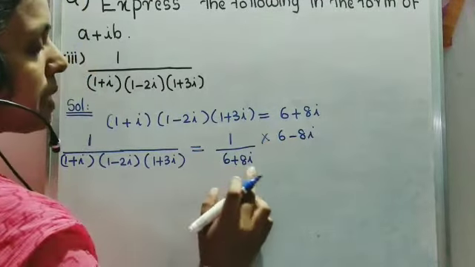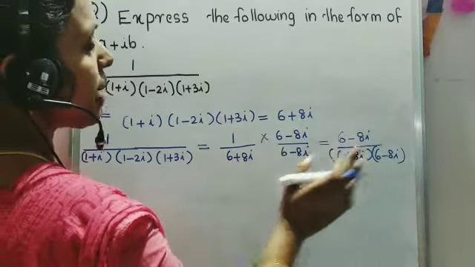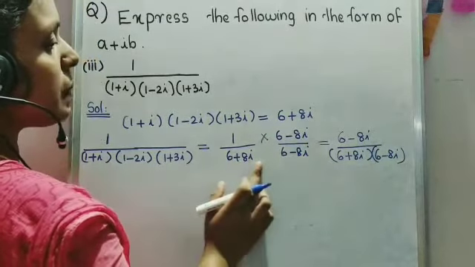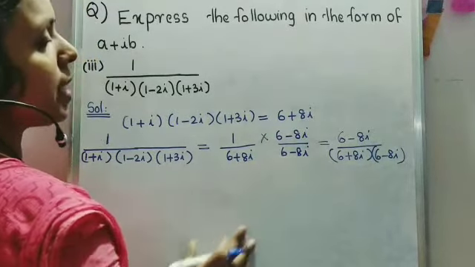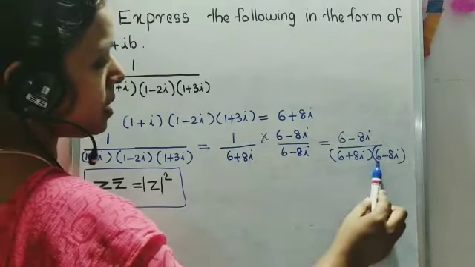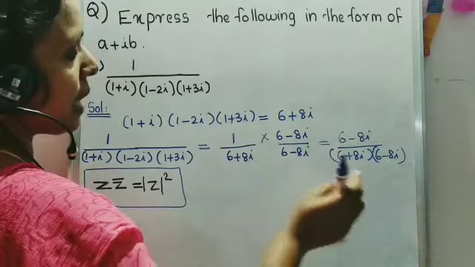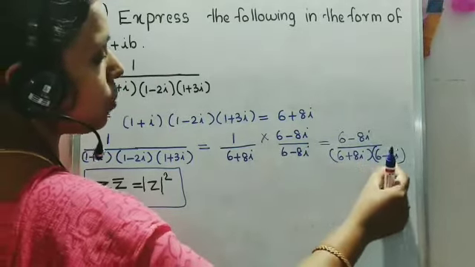Now we get 1 into 6 − 8i, that is 6 − 8i, divided by (6 + 8i)(6 − 8i). Clear? Now using this result, z into z conjugate is equal to |z|². Here this is 6 + 8i, its conjugate is 6 − 8i, so it is of the form z times z conjugate.